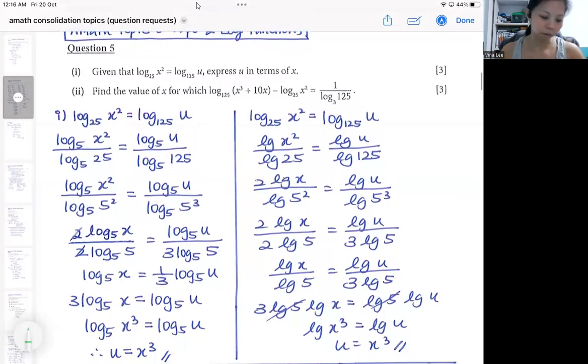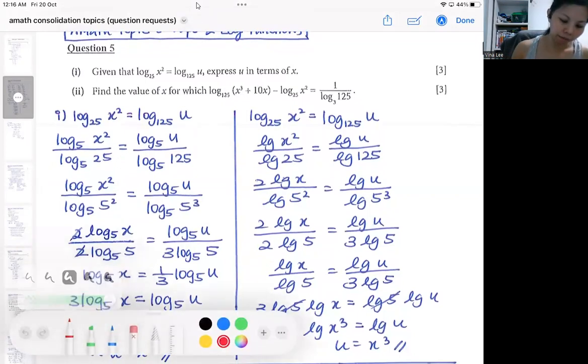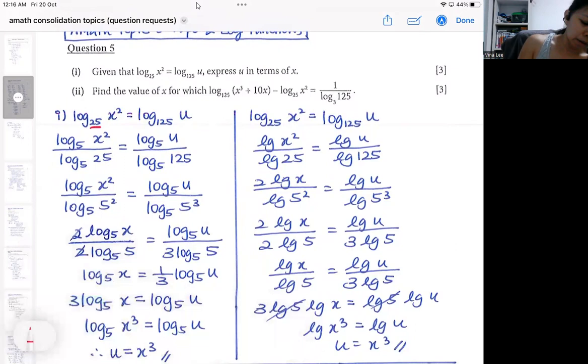The first method will be the typical one. If you look at the two bases, you will know that they are related, because 25 is 5 square, 125 is 5 cube.